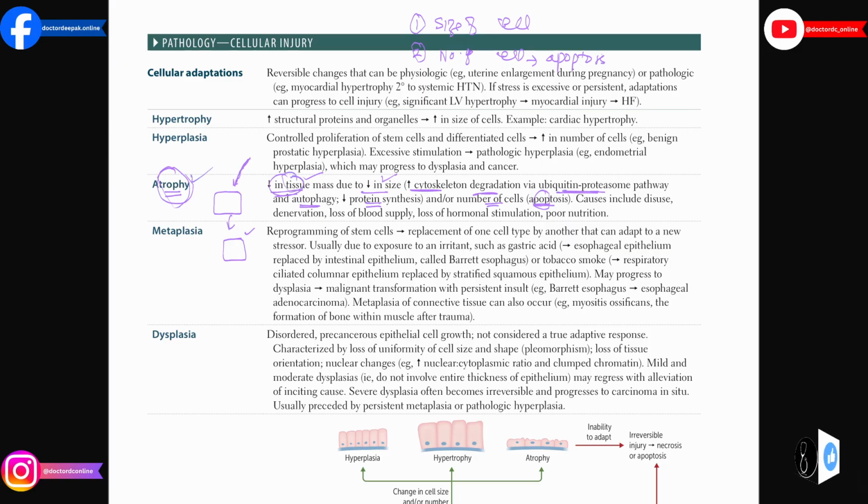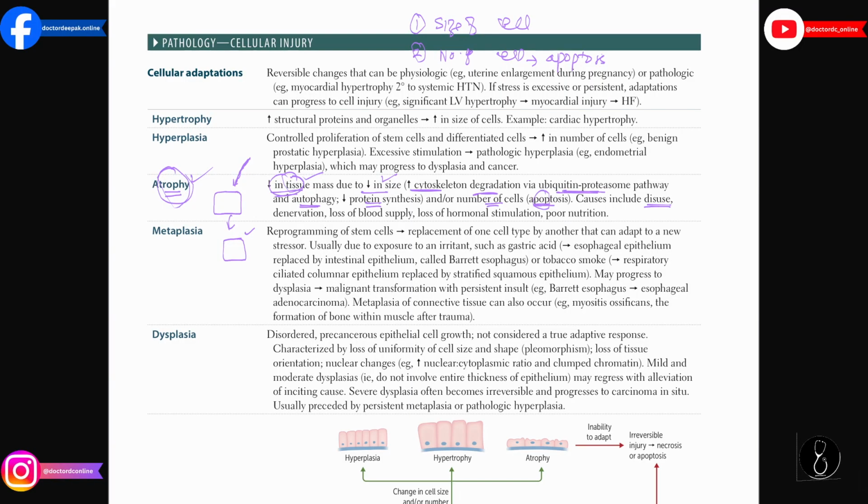So here they mention there are certain examples which can lead to atrophy. First one is disuse. What is the meaning of disuse? Let me give you one example. If a person goes to the gym and exercises the biceps muscle daily, he trains his bicep muscle, and you will see his bicep muscle and its size will increase.